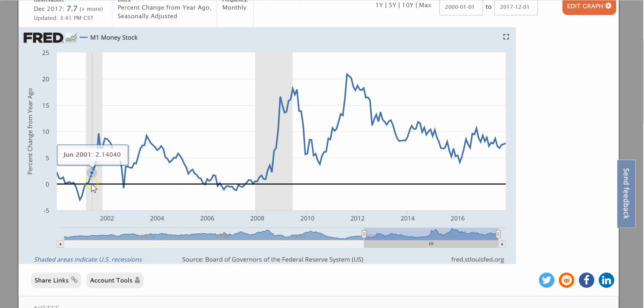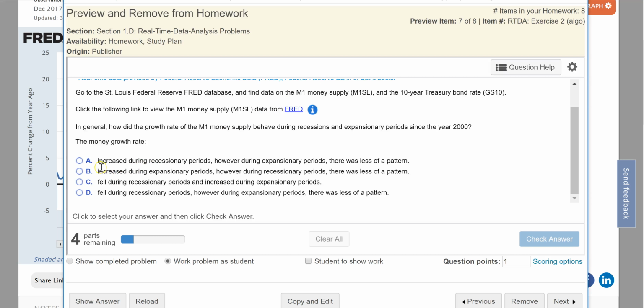You can see very clearly that during these gray areas, which are the recessionary periods, the growth rate of the money supply actually increased, for both of these two recessions after 2000. So that means it increased during recessionary periods. The first part of A is correct.